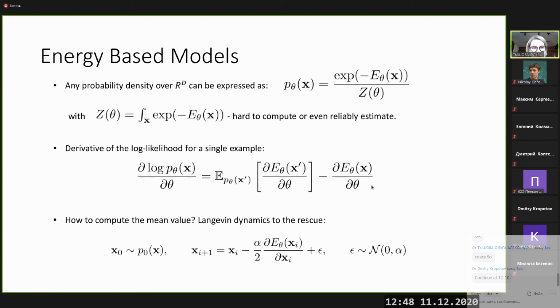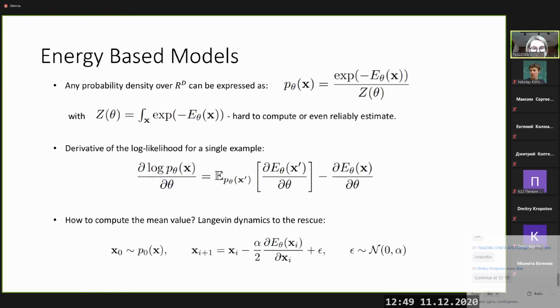In order to compute the derivative of the log likelihood, we need to somehow compute the expected value here. And this expected value is actually hard to compute because we do not know the normalization constant. That is why we compute such expected value with the help of the Monte Carlo methods.